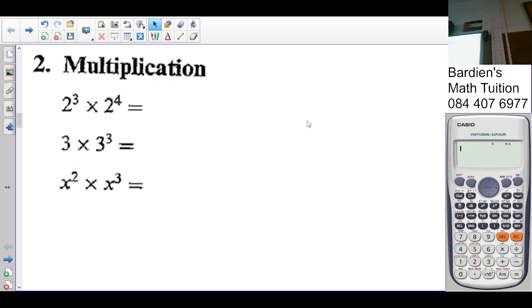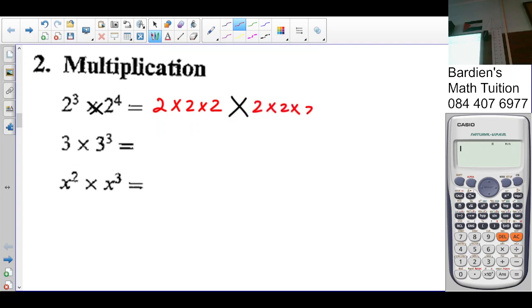Okay, so look at the first sum here. We know that 2 cubed is 2 multiplied by 2 multiplied by 2, times 2 multiplied by 2 multiplied by 2 multiplied by 2.